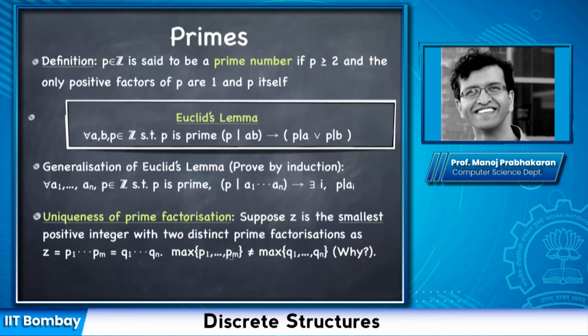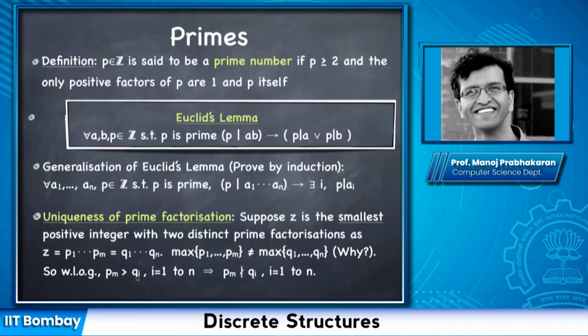So pm is strictly larger than the maximum here. In particular, it's larger than everyone here. If it's larger than the maximum here, it's larger than everyone there. So pm is strictly greater than qi for all of these, q1 to qn.